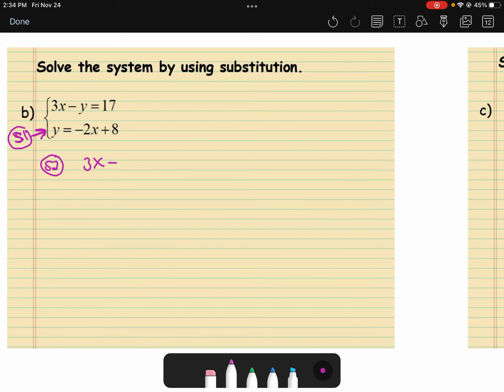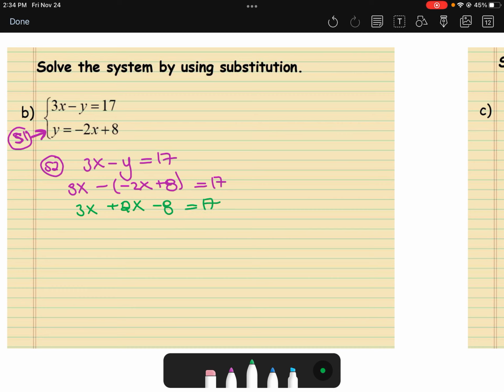So again, I have 3x minus y equals 17. Y is equal to negative 2x plus 8. Again, make sure we're using those parentheses. Now I'm going to go ahead and distribute. Negative times a negative is a positive. Negative times a positive is negative.